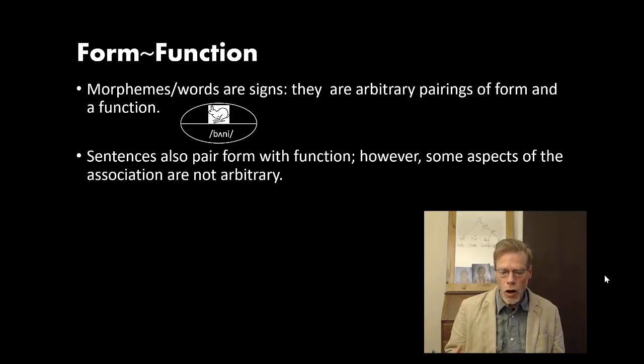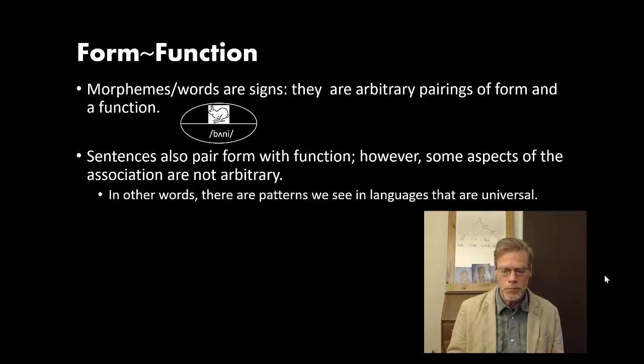A sentence also pairs form with function. However, and this is key, some aspects of that association are not arbitrary. There is something that seems to be natural at a fundamental level to how we conceptualize sentences.